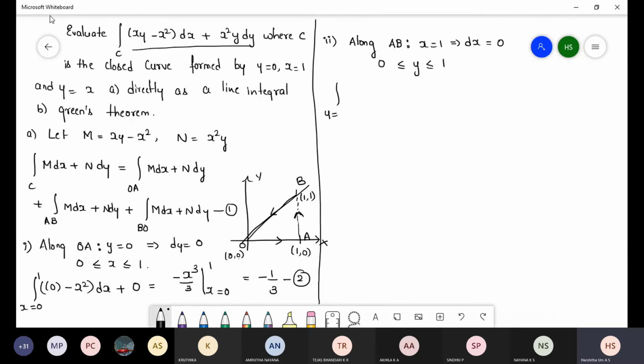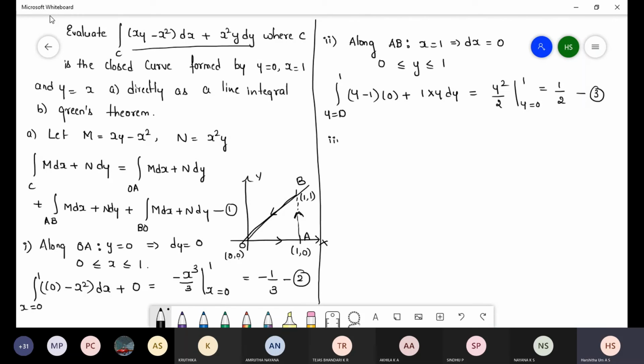Integral y is equal to 0 to 1. Wherever x is there, we have to write 1, and dx means 0. So y minus 1 dx is 0, plus x square value is 1 into y into dy. So integration y square by 2, limit 0 to 1. So we get 1 by 2. Call this equation 3.